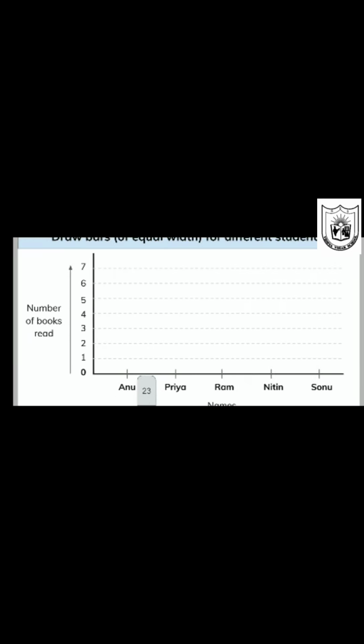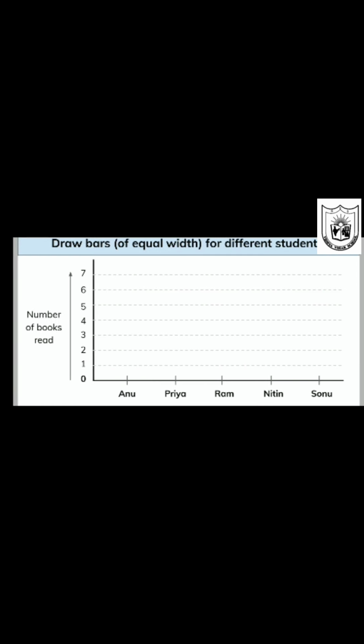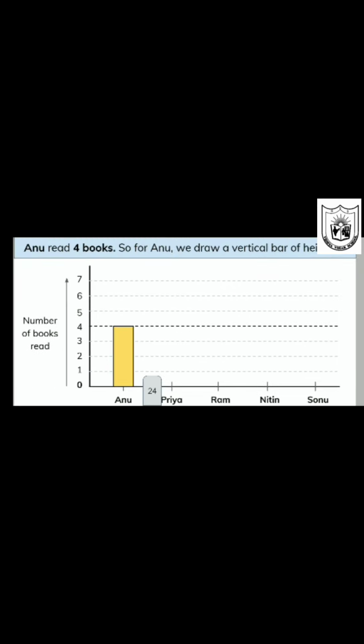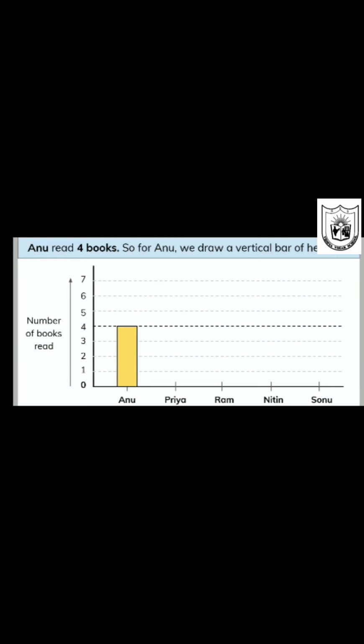Step 3. Draw bars of equal width. You have to draw bars of equal width like this, for different students. Now, Anu read 4 books.